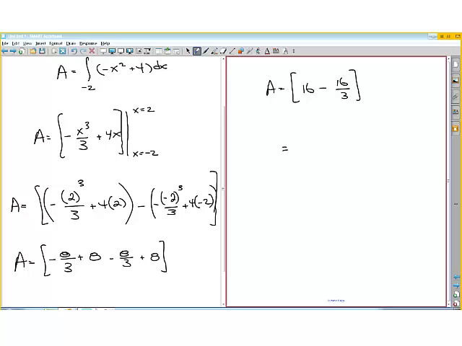So you take 3 times 16, which is 48. So we get 48/3 minus 16/3. 48 minus 16 is 32. So the area should be 32/3. Again, they didn't ask us to do that, but I think that's correct.